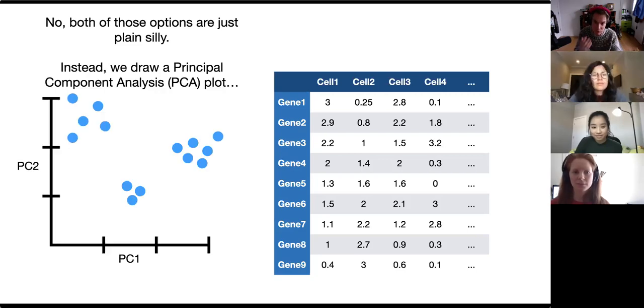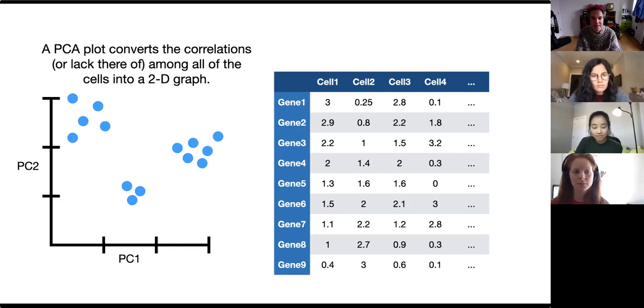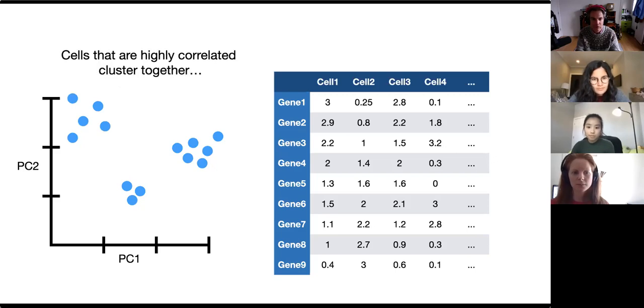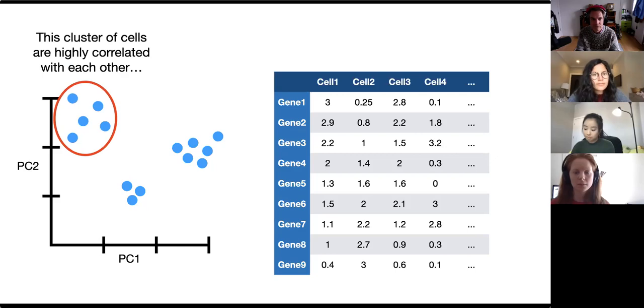Instead, we draw a principal component analysis graph. So what we've been talking about all along. A PCA converts the correlations, or lack thereof, among the cells into a two-dimensional graph. Cells that are highly correlated cluster together. So this cluster of cells are highly correlated with each other.